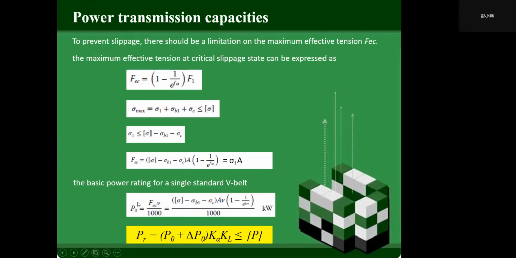P0 is the calculated basic power, K alpha is the correction factor for the contact angle, and KL is the correction factor for belt length.